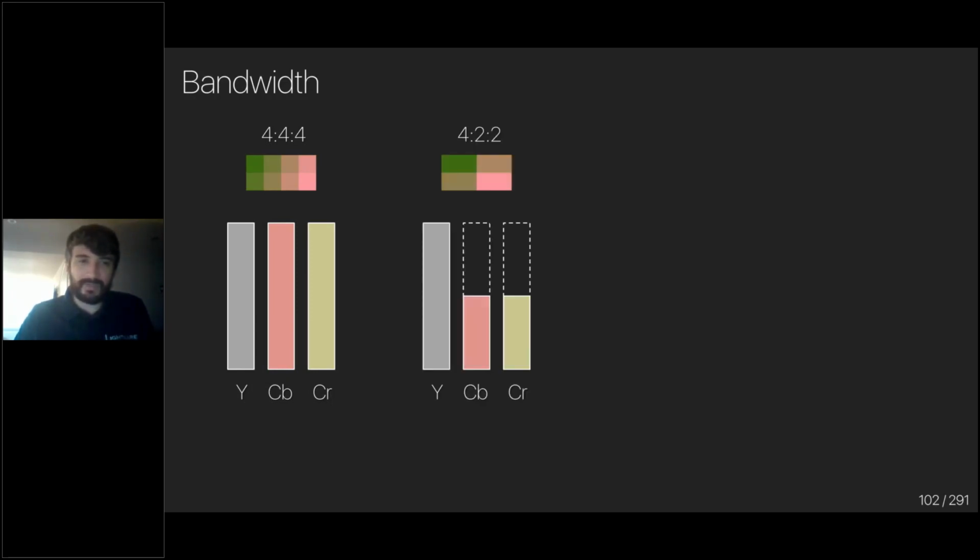However, comparing them with regards to bandwidth, if we consider 444 to be the 100% bandwidth, we can compare the other methods to it. So with 422, we're halving the color information, and that represents a third less bandwidth, so a 33% reduction that we're saving.